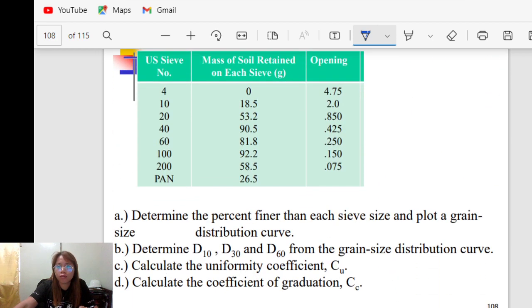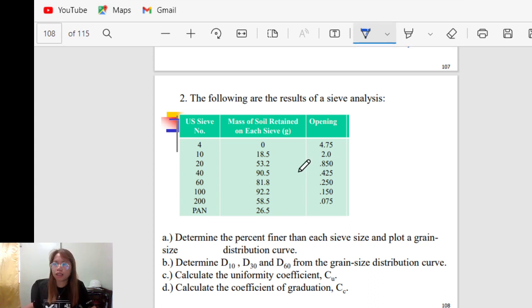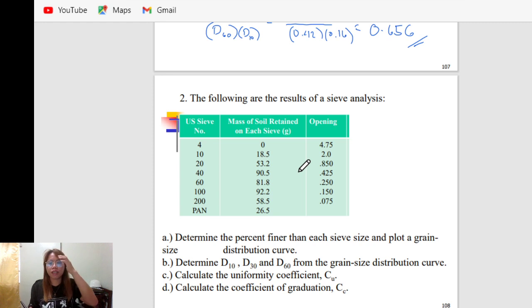Okay. We have to answer this problem. Following are the results of the sieve analysis. Determine the percent finer than each sieve size and plot a grain size distribution curve. Percent finer is the y-axis, then the x-axis is the diameter in logarithmic scale, or the size of the soil.